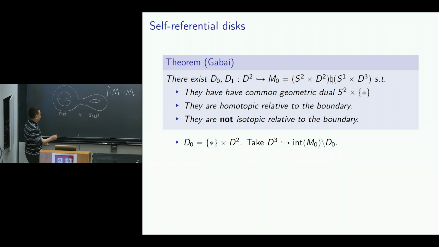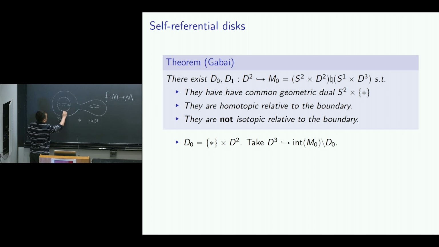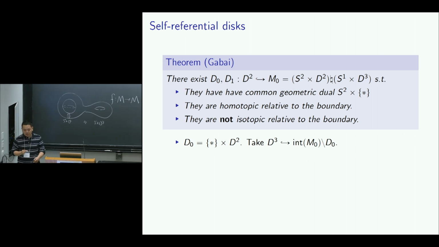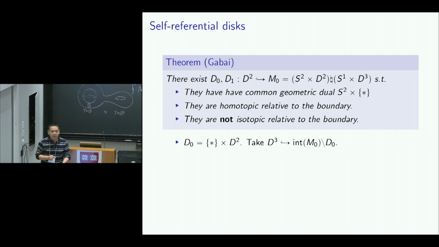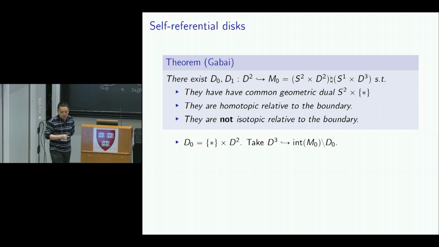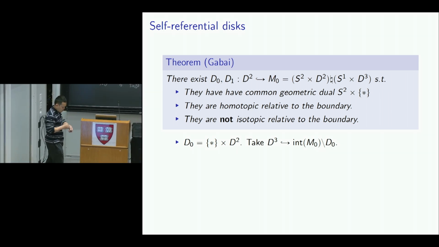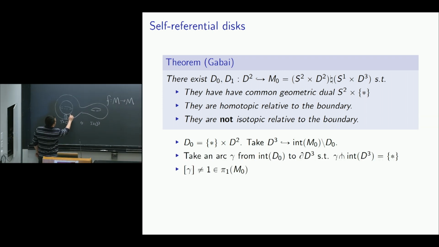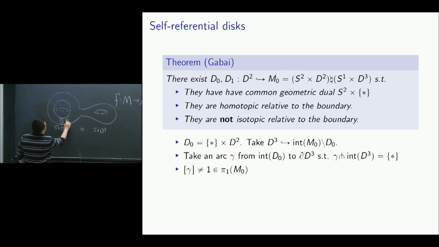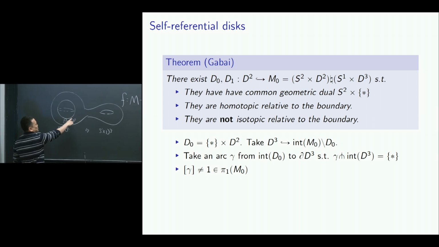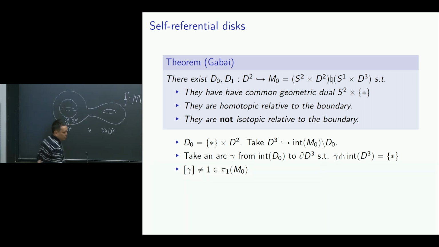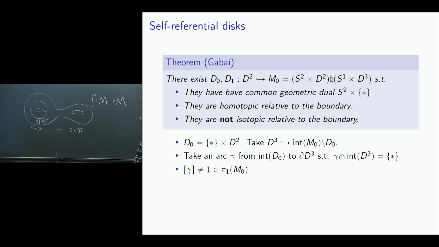So D0 is just the standard embedded disk here. So it's like this. So this is D0. Okay. And what about D1? How to construct the other disk? To construct the other disk, we consider an embedded three-dimensional disk. Sorry, I cannot distinguish these two, D2 and D3, in the picture. It's hard. Anyway, this is an embedded D3. And then we pick an arc. Let me use the color chalk.